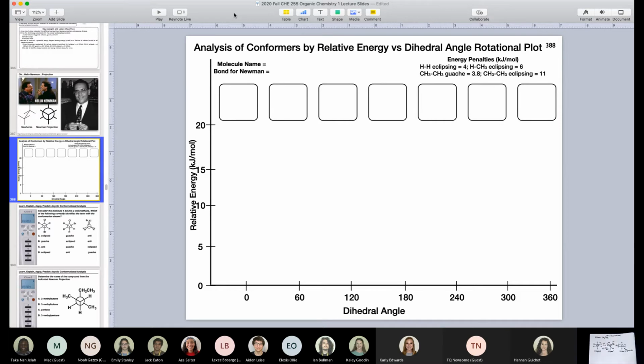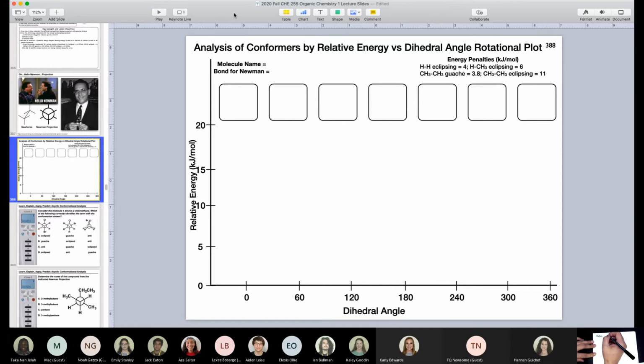So what I would like to do is now go one up, and let's look at propane. So you can see that the curves do not always look the same. There's different interactions at play. So here's propane.